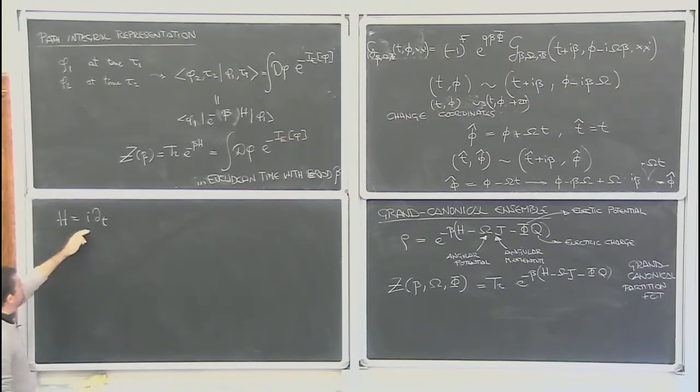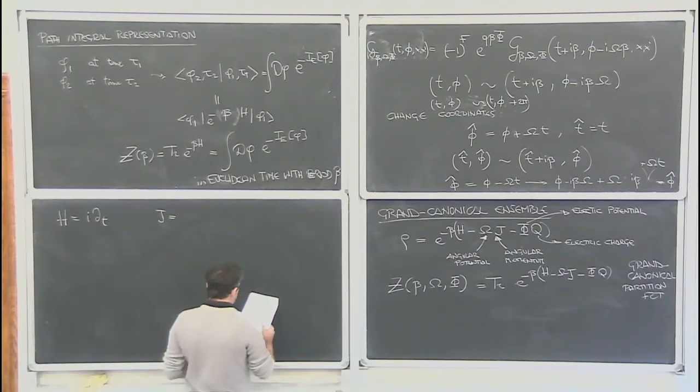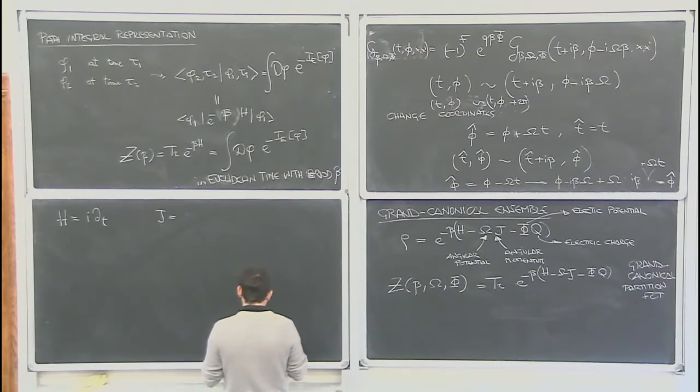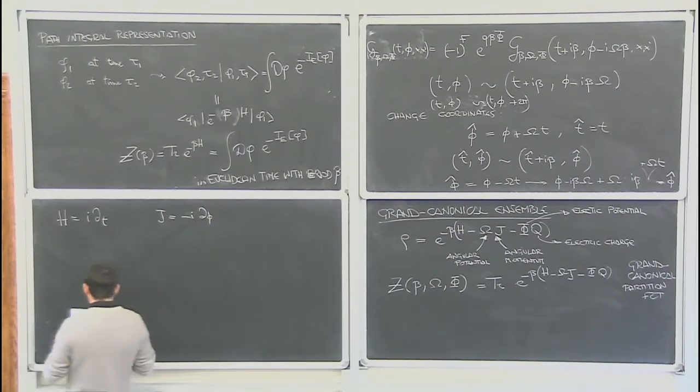So in some coordinate representations, it's really the Killing vector t that generates translations along t, so del t. The angular momentum, similarly, is something like minus I del. They always come with the negative sign.